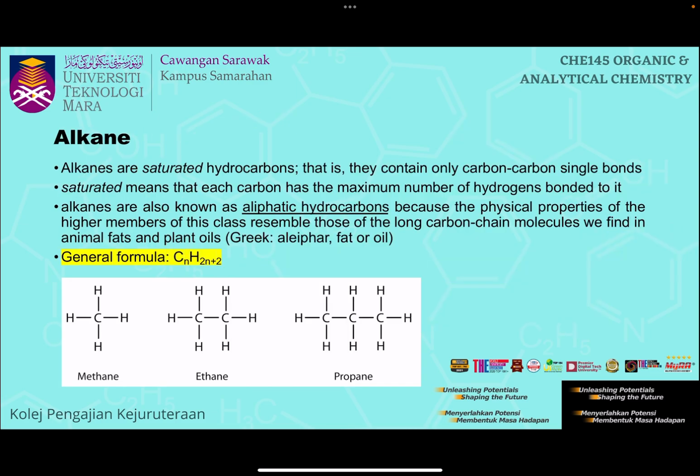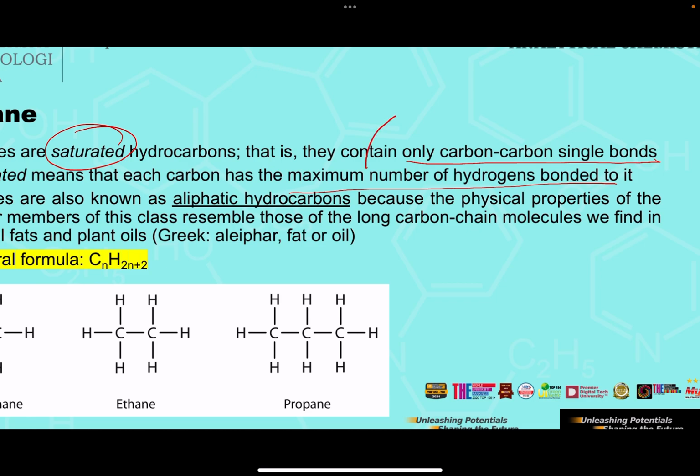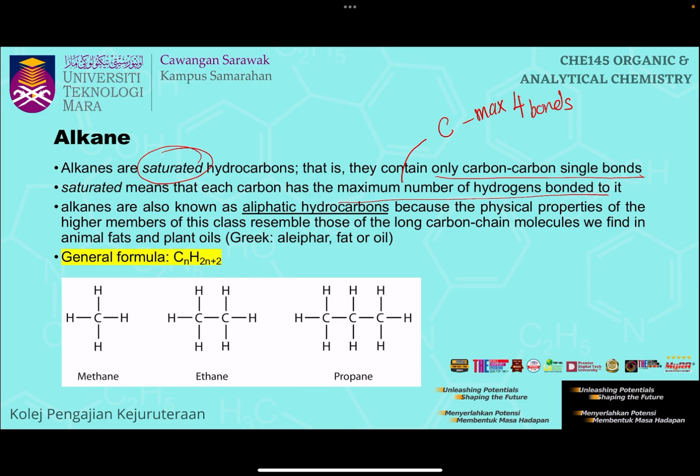First and foremost, alkanes are saturated hydrocarbons. They contain only carbon-carbon single bonds. Saturated means that each carbon has a maximum number of hydrogens bonded to it. The maximum we're talking about here is that each carbon can only accommodate a max of 4 bonds. So in each carbon, you can only see 1, 2, 3, 4.